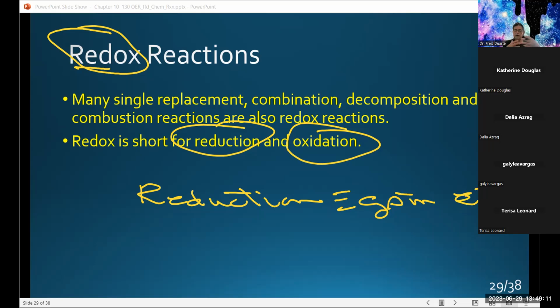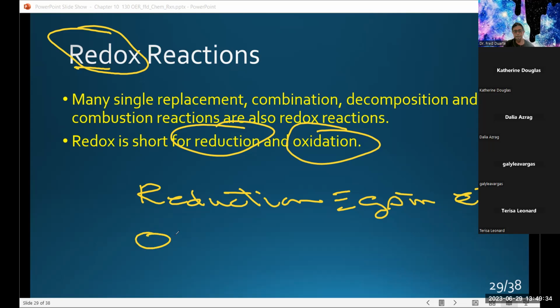Okay. When a species gains electrons, when an element gains electrons, it is called reduction. For example, the halogens, they're a group 7 element. They need 1 electron. They will gain 1 electron. So what they're undergoing is reduction.